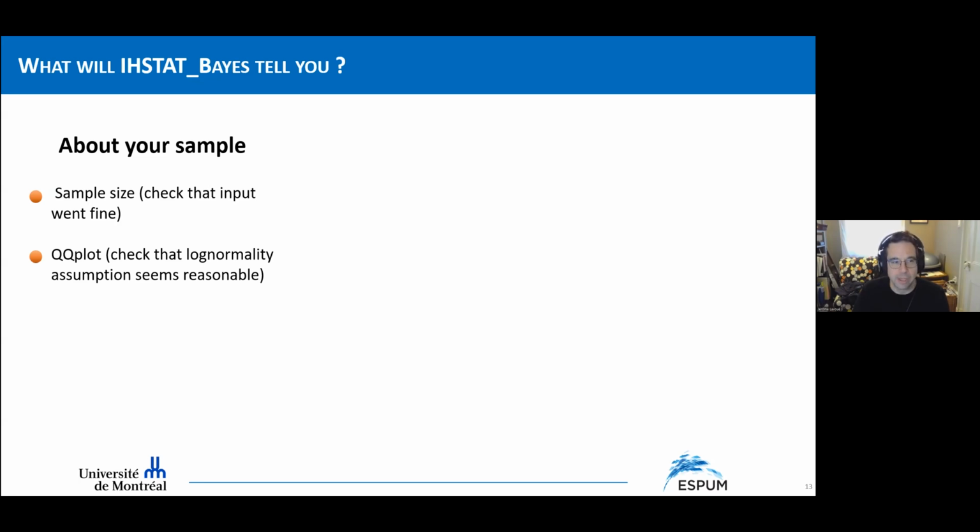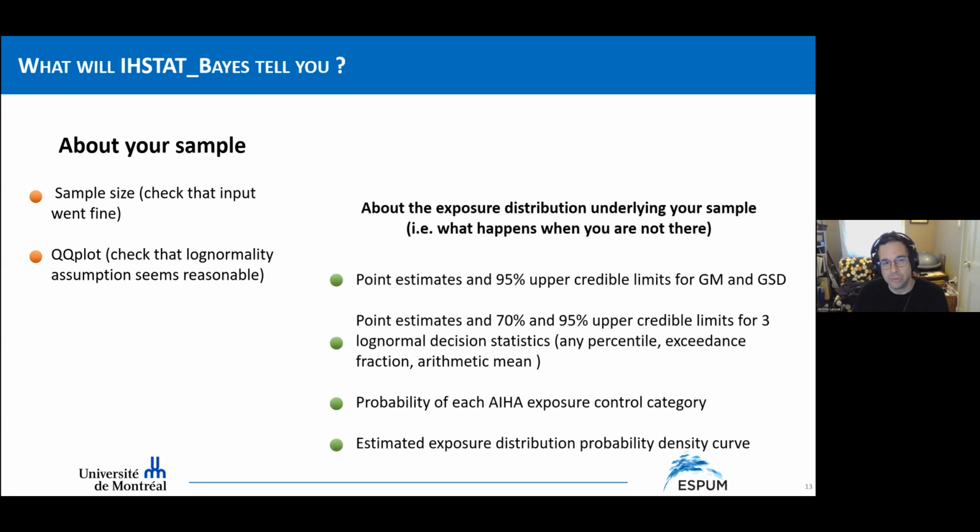And the quantile plot, I mentioned it briefly: you try to evaluate whether your points are relatively evenly spread alongside a line, and that suggests that the lognormal model is reasonable for your data. And more interesting, IHStat Bayes will also tell you about some statistical extrapolation we do, from your couple of measurements to the exposure situation of interest to you.